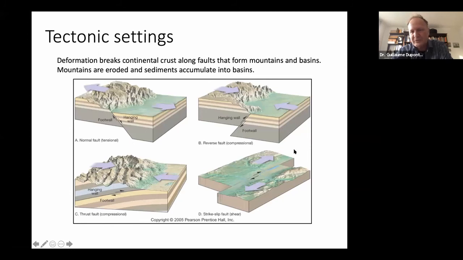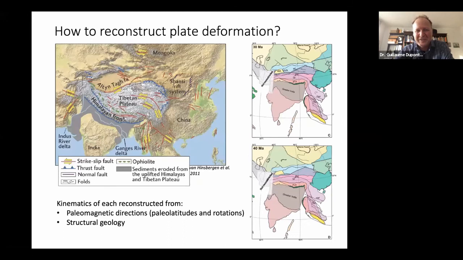Okay, you can also have a case of strike-slip faults. This is when plates slide. In this case, you don't really create lots of mountains, but maybe some gaps where sediments will accumulate, and these are basins. Okay, so it's just a very quick intro.